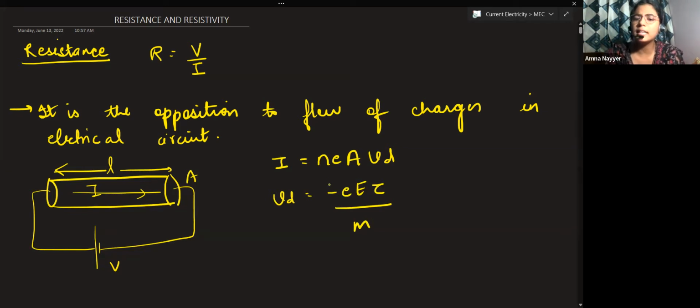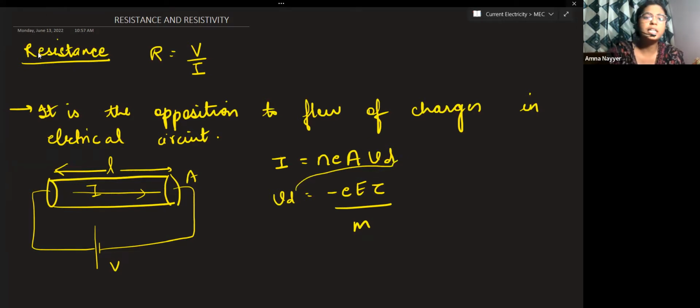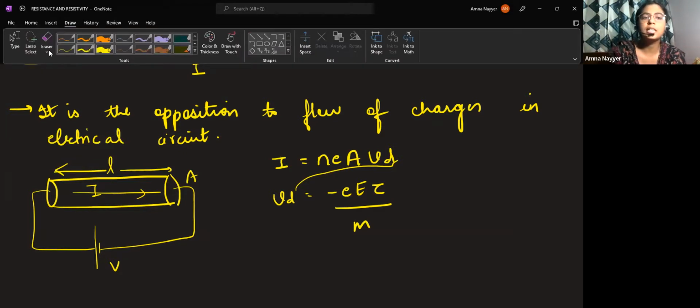Now let us take the magnitude. The minus sign is just telling us the direction of the drift. So can I put the value of Vd in the equation I is equal to NEA Vd?